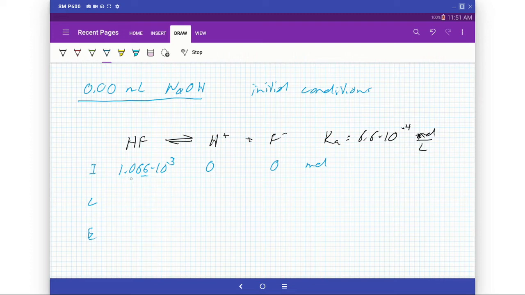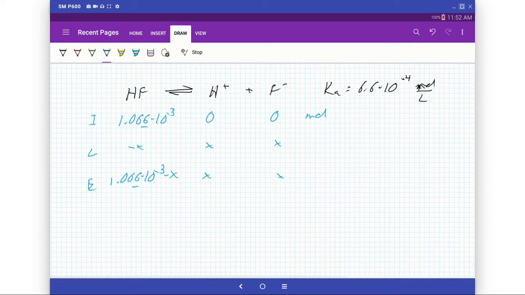So we're on the side favored by the equilibrium constant, so it's simply minus x, plus x, plus x. Now, the ICE table is in moles. We do need the total volume, and that total volume is 0.010 liters, 10 milliliters.